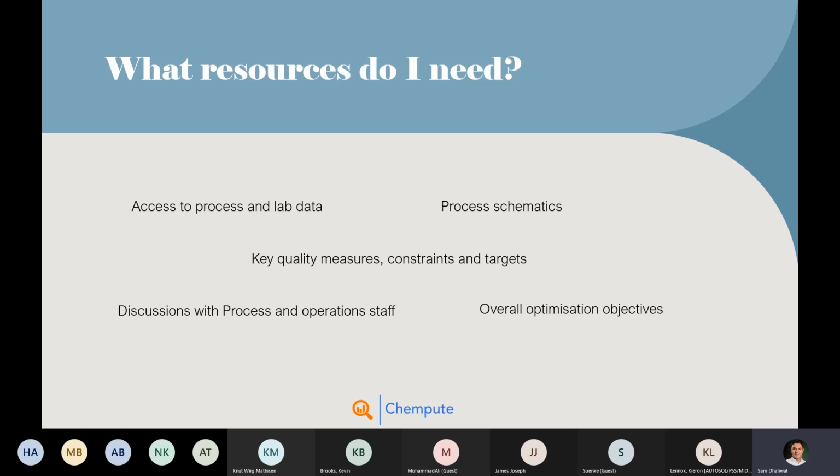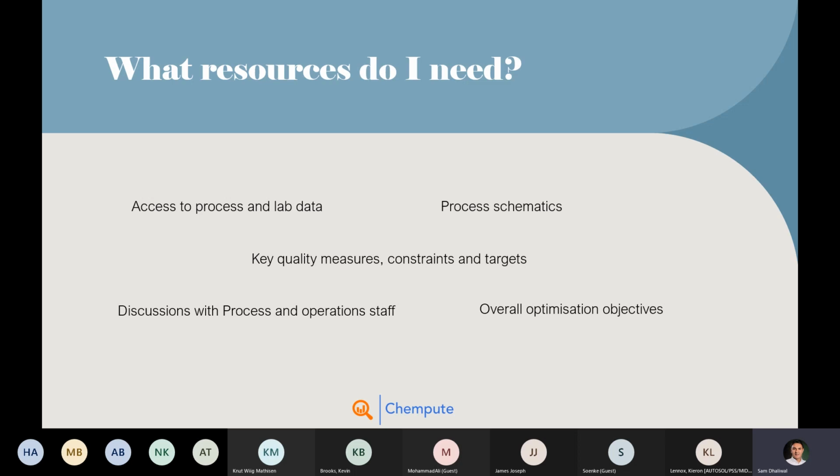You need to have some good discussions with process and operations staff to understand what these key constraints and targets are, to validate the process data and the understanding you have from the data itself.